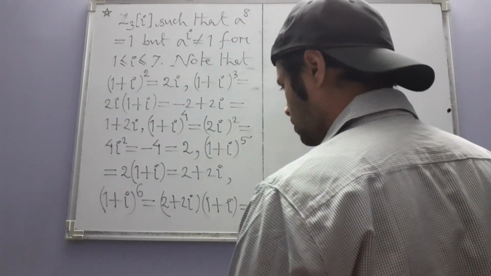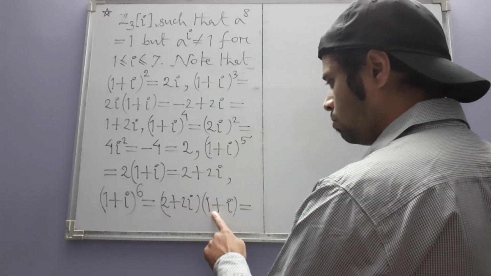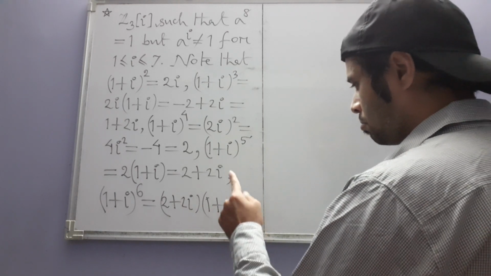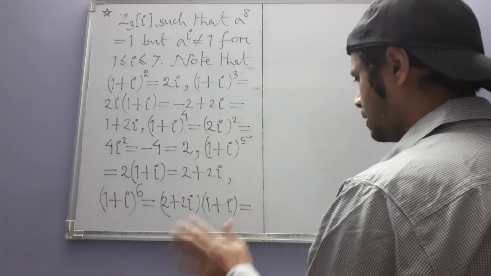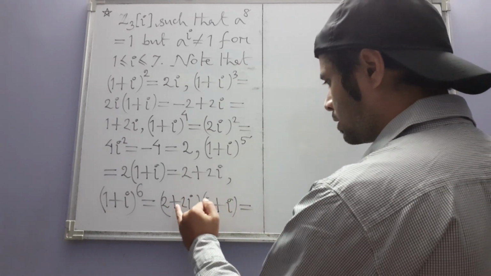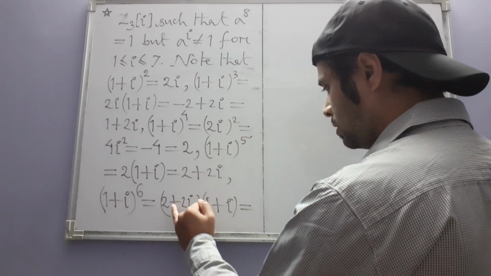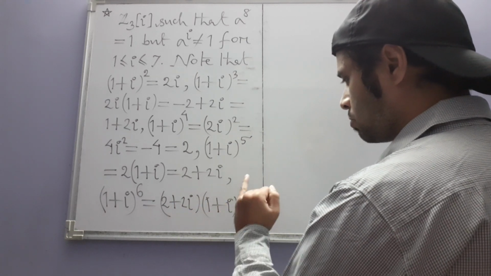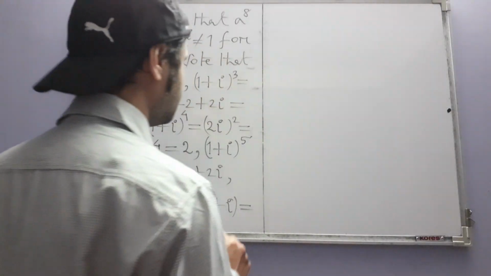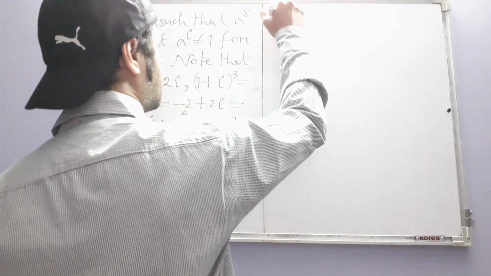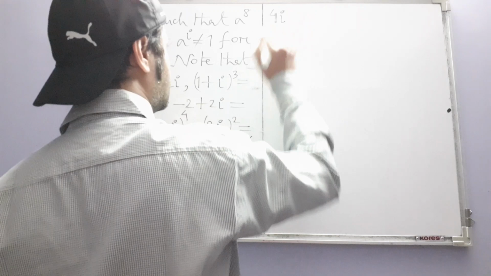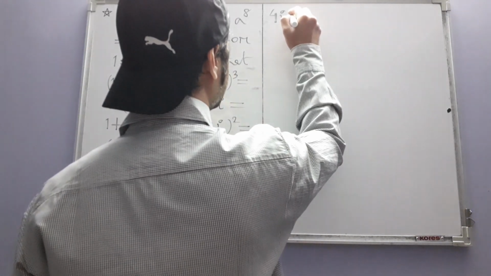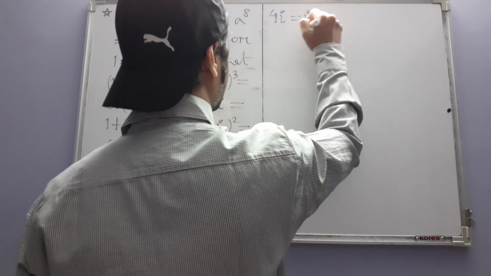So this is going to give me what? 2 and 2I squared, that means minus 2. So 2 minus 2, they cancel out. And what about the terms where I will be there? 2 times I is 2I, and this 2I times 1 is again 2I, that means 4I. And in Z3, 4 is equal to 1, so here we get I.